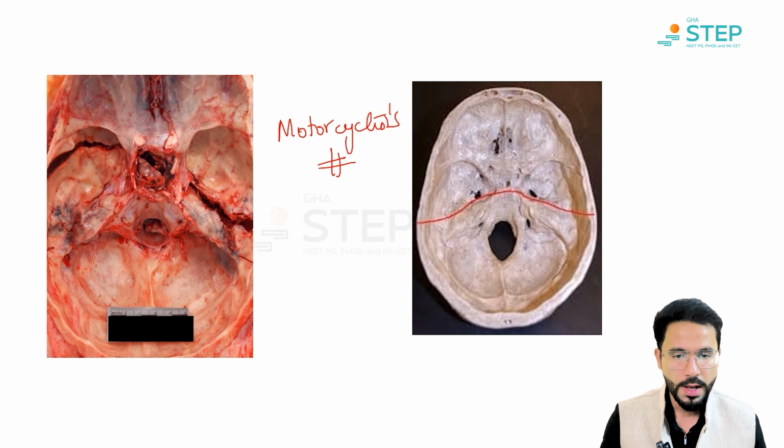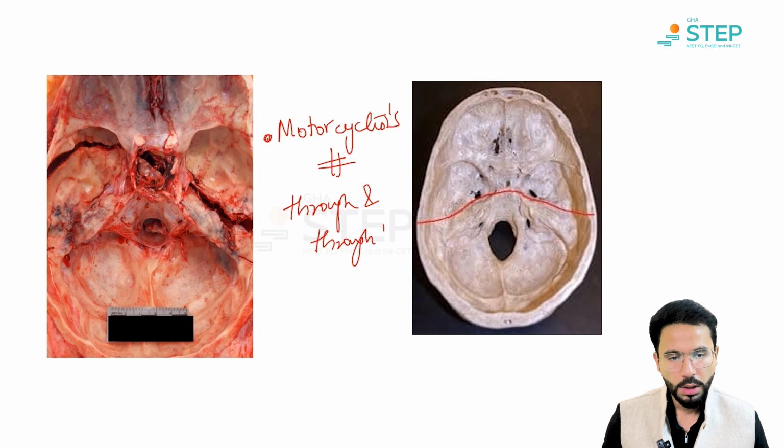So when you have a motorcyclist fracture, which is a fracture going through and through, from one parietal bone to the other parietal bone, through the sella turcica or the sphenoid bone, then it is known as a motorcyclist's fracture, where the skull divides into an anterior half and a posterior half.